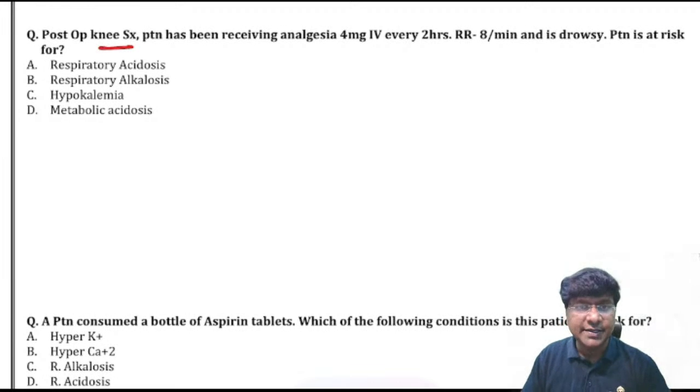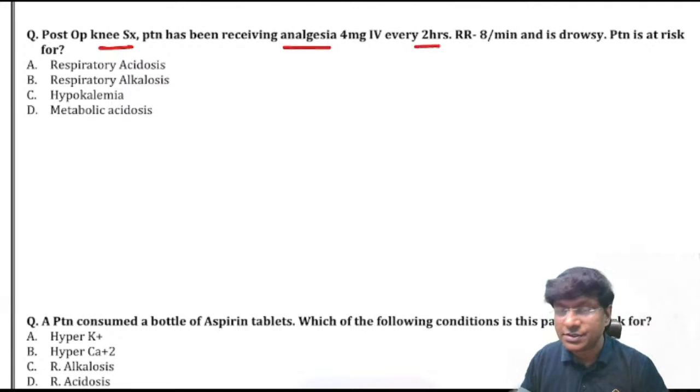You see the next question. Post-operative knee surgery, the patient has been receiving analgesia 4 milligrams IV every 2 hours. Respiratory rate is 8 per minute and the patient is drowsy. The patient is at risk for: respiratory acidosis, respiratory alkalosis, hypokalemia, metabolic acidosis.